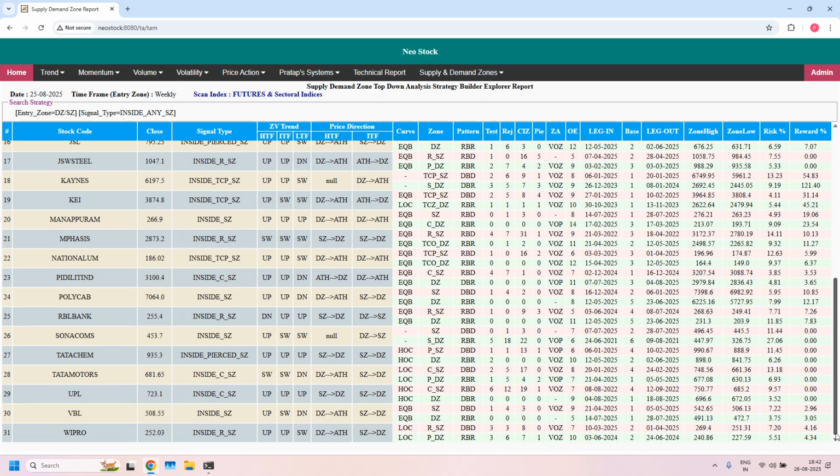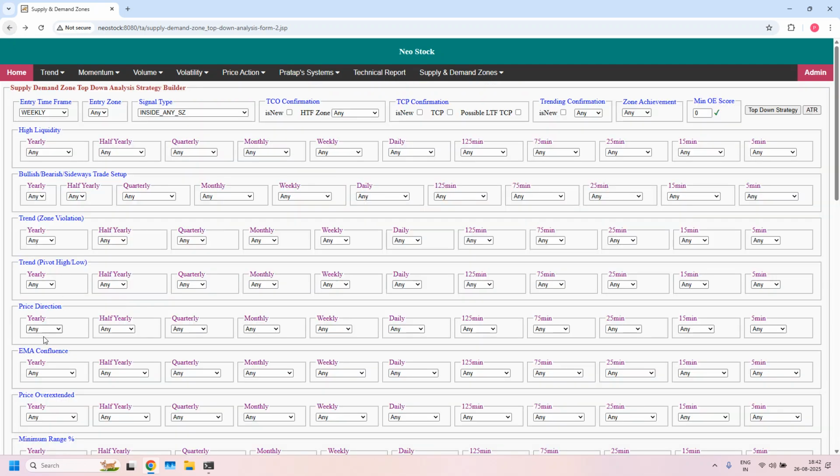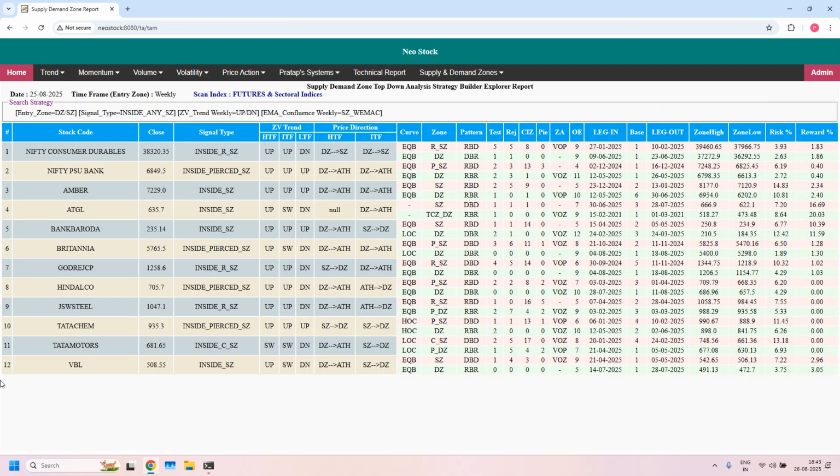So total 31 stocks are filtered. We can further filter this list based on weekly supply zone having weekly EMA confluence, and also trend on the weekly should not be sideways. Now the list is reduced to 12 stocks.